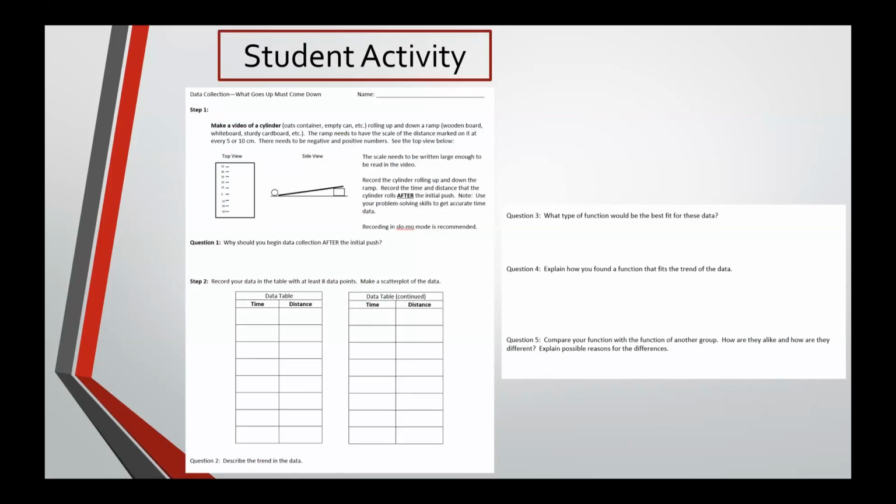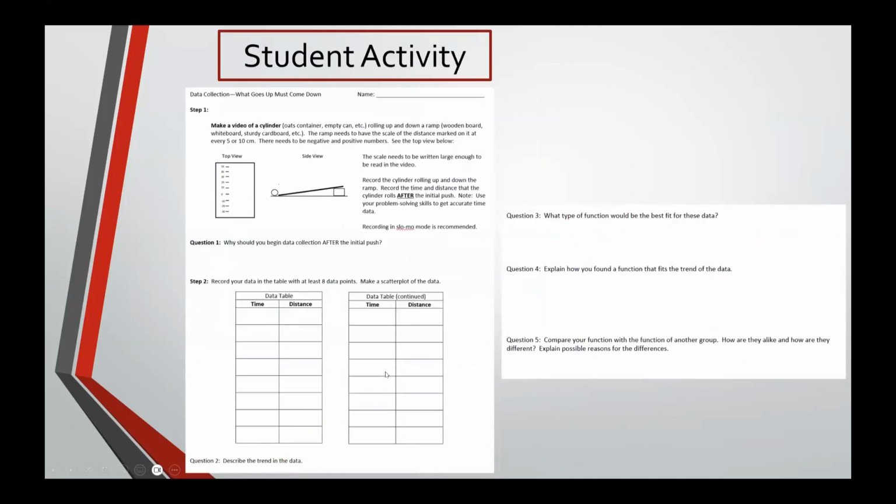If you gather data while the foam board is pushing it, or the ruler is still pushing it, you won't get good results. And the students record the data in the data table.